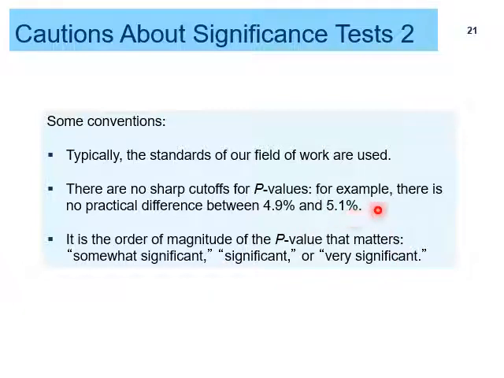For example, if your significance level is 0.05 and you got a p-value of 0.049 or 0.045, that is less than 0.05, but it is only somewhat significant because it is very near 0.05. So we can reject the null hypothesis, but we should keep in mind that this is just somewhat significant.